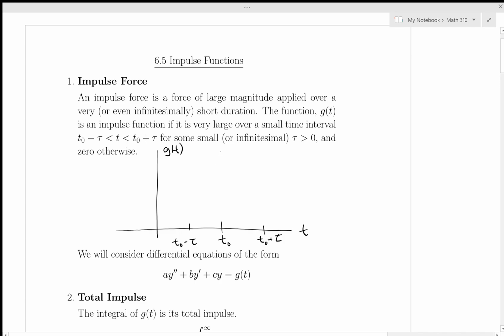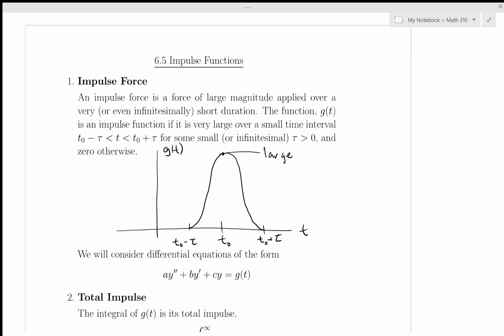Okay, so the function will be large, so this is a large value up here. I'm not specifying yet, and I'm not ever going to specify, in fact, what this is, but it will typically be large, and that is what the function looks like. And we can imagine making tau smaller.